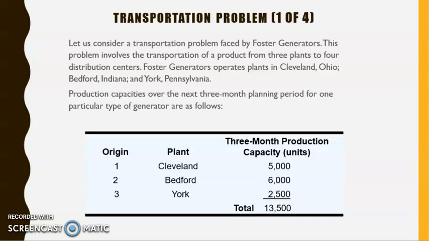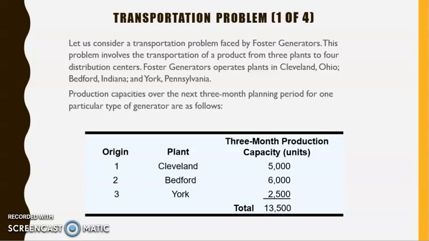Let us consider a transportation problem faced by Foster Generators. As I have always told you, don't get involved with these sentences that carry no value in terms of modeling. So it is just said they have a transportation problem, and this is the name of the company, Foster Generators.